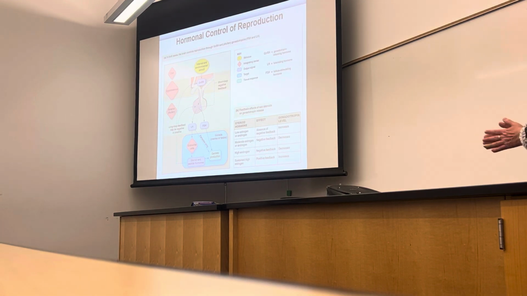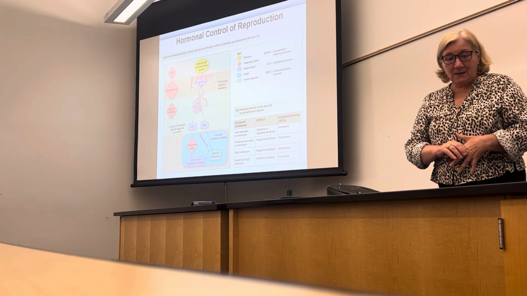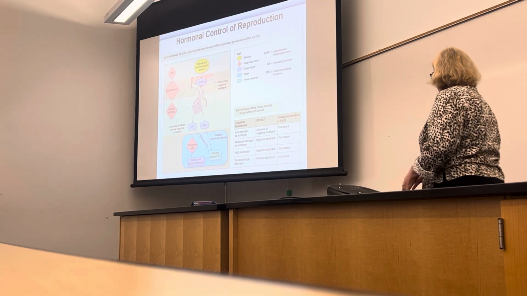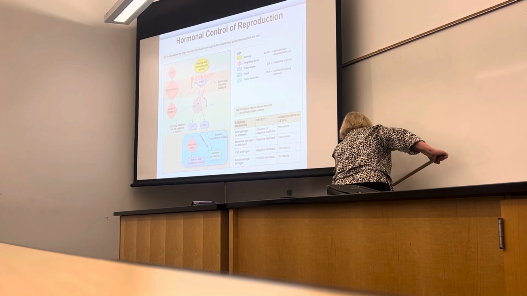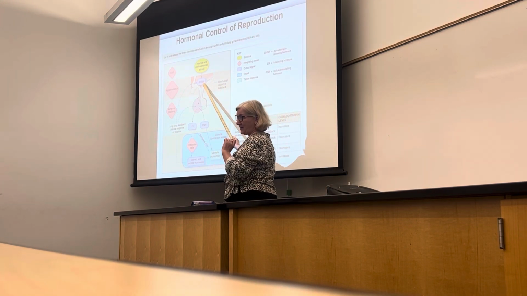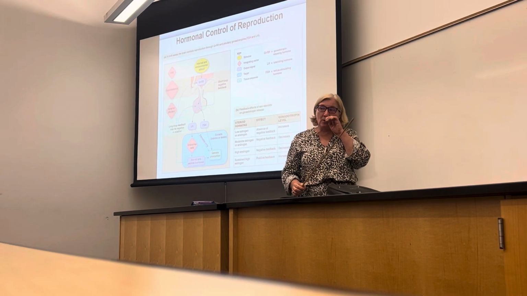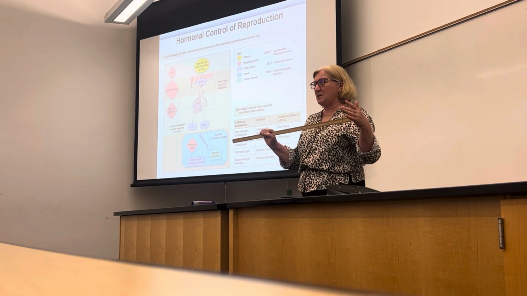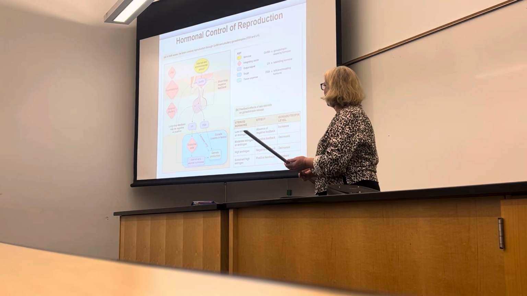Okay, hormonal control of reproduction. Back when we talked about the endocrine system, we mentioned gonadotropin releasing hormone, right? Gonadotropin releasing hormone is produced by what? Hypothalamus or anterior pituitary gland? Hypothalamus.